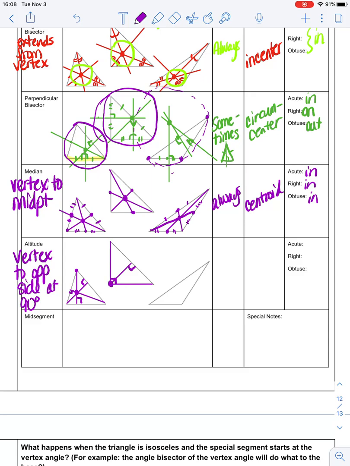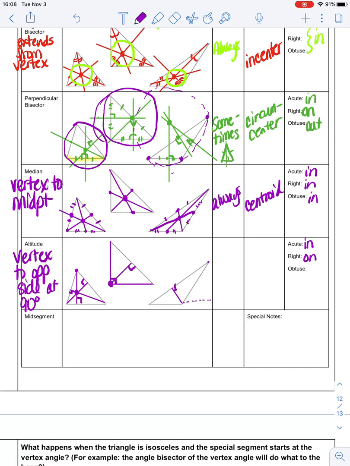So those three altitudes intersect right here on the triangle. So for an acute triangle, the altitudes intersect inside. For a right triangle, they intersect on. And for an obtuse triangle, remember, it's from the vertex to the opposite side at a right angle.